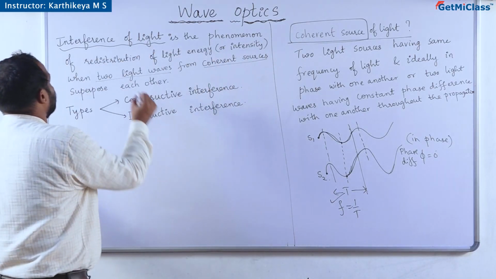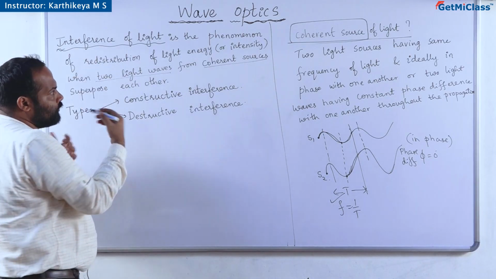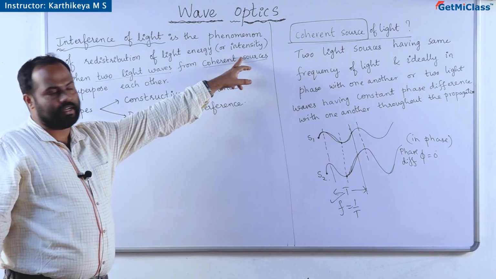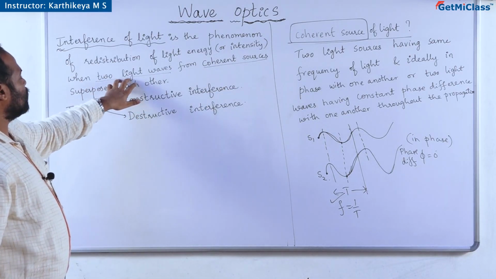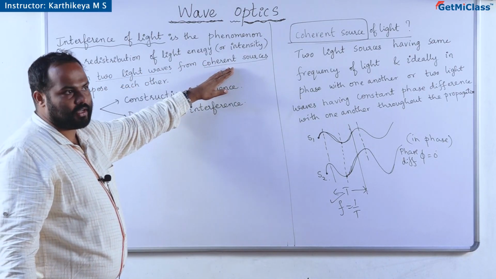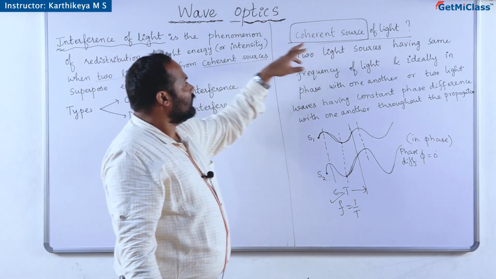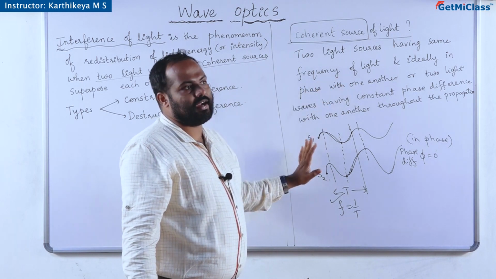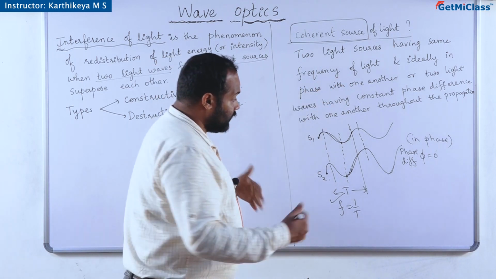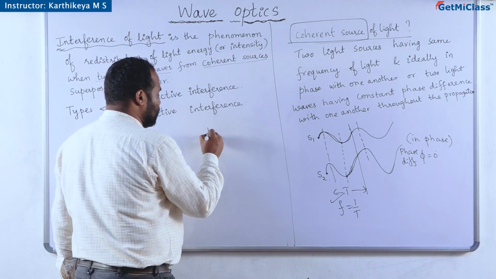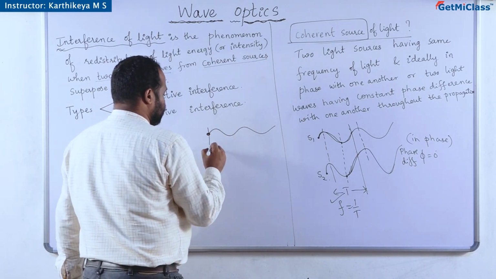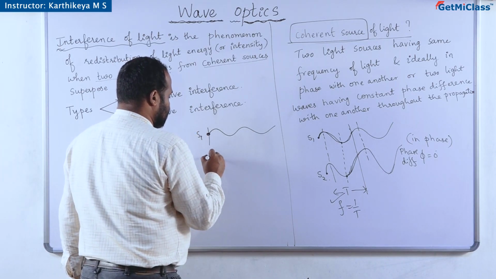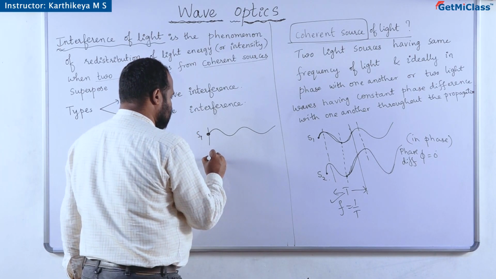For the interference of light to be formed, and there to be redistribution of the light energy or intensity, the two light waves must be from coherent sources, meaning light sources of the same frequency, and ideally they should have 0 phase difference. A practical case is also possible: there is source 1 like this, and source 2 with a constant phase difference.